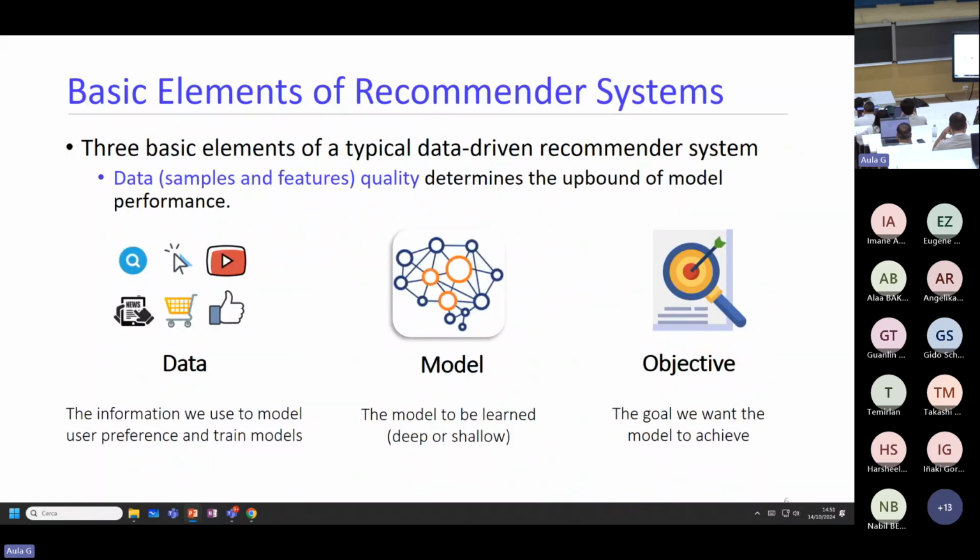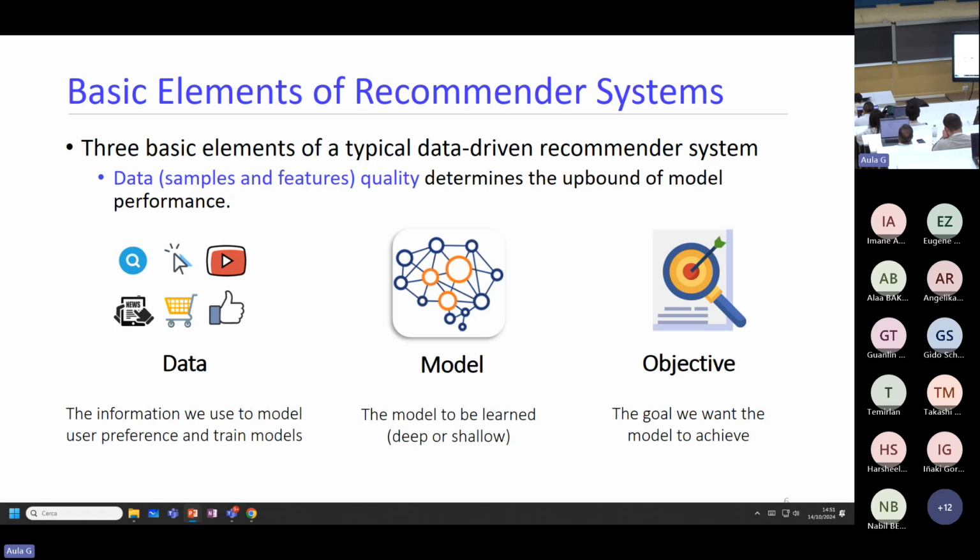There are three basic elements of a typical data-driven recommender system. First, data. The quality of the data, including samples and features, determines the upper bound of the model performance. This data is essential for modeling user preferences and training our models. Second, the model. This refers to the type of the model to be learned, whether it's a deep model such as DNN, deep cross-net, deep FM, or shallow models such as logistic regression, XGBoost.